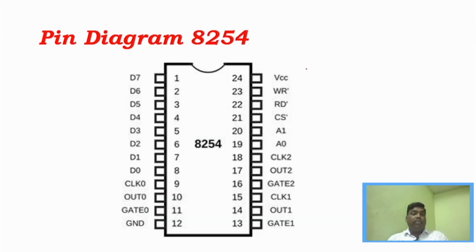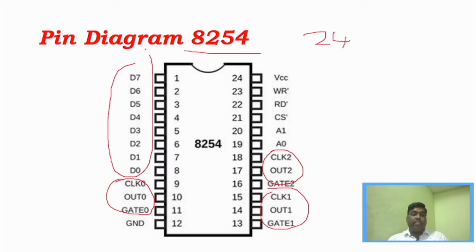Right, and when it comes to the pin diagram, you don't need to write anything different from the block diagram. You can explain the same. As I said, you have 24 pins here, and we know that it has 3 counters. You can see counter 0, counter 1, and counter 2, and we know that it has an 8-bit data bus buffer, right?